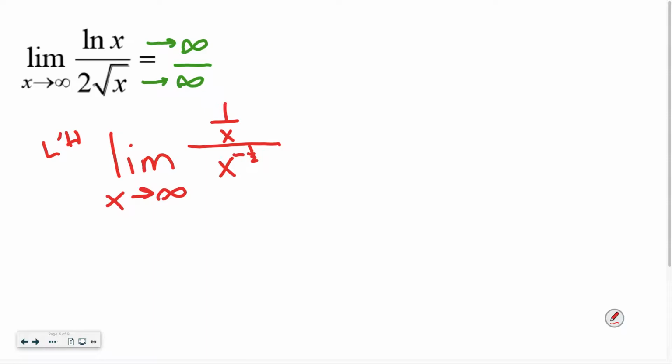Can we simplify this fraction? This is the same thing as 1 over x times x to the 1/2. Do you agree?